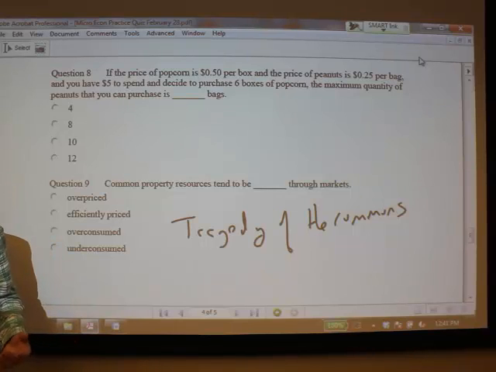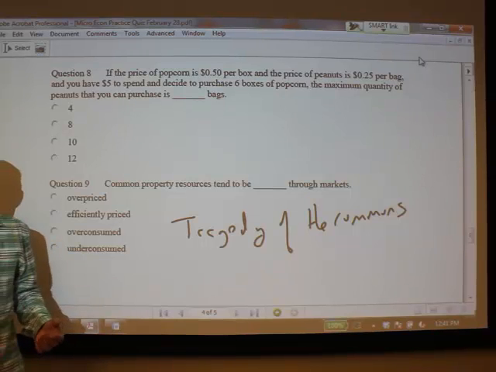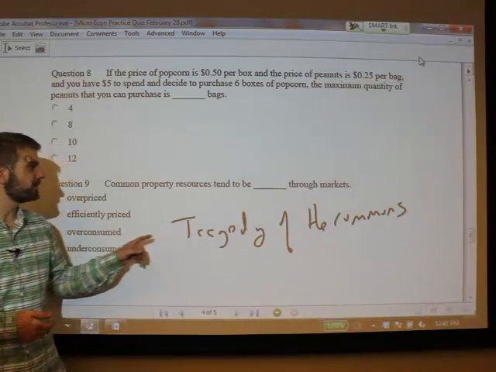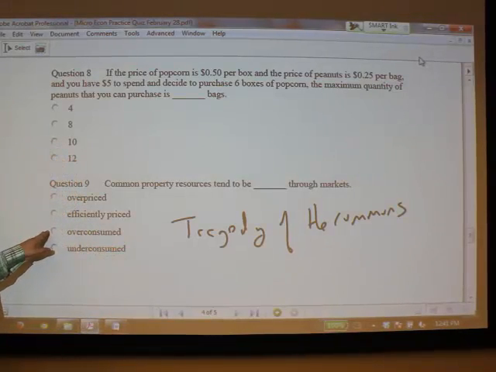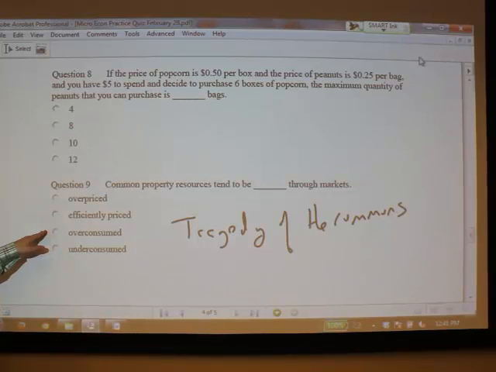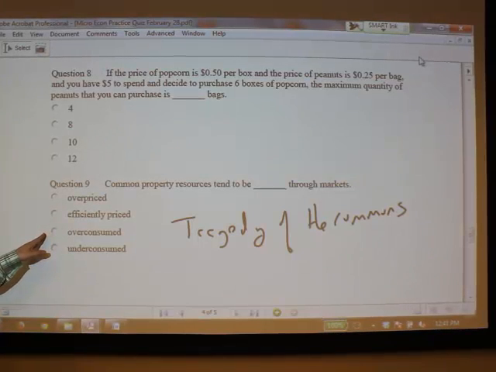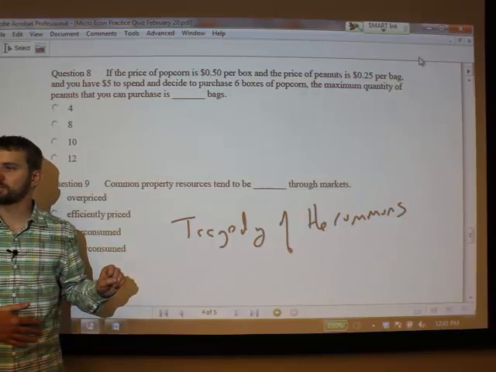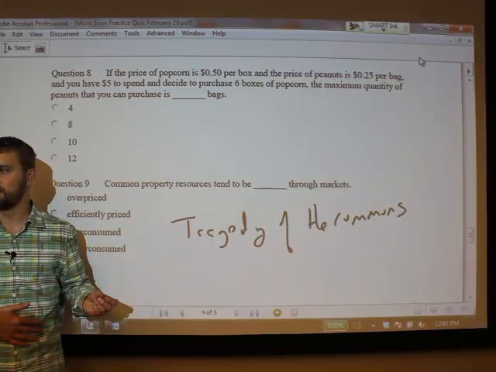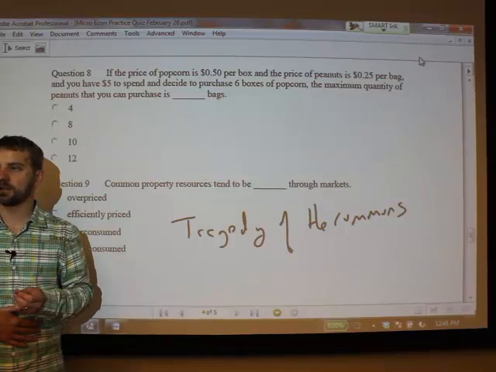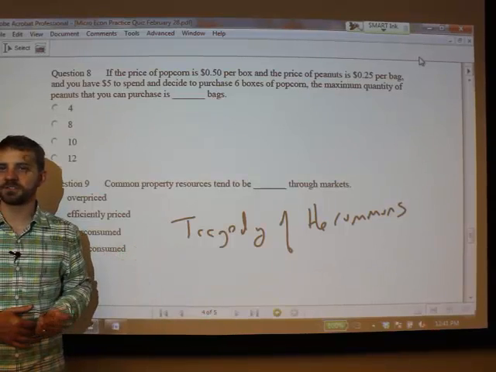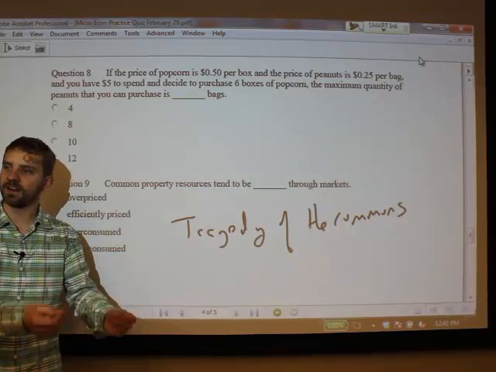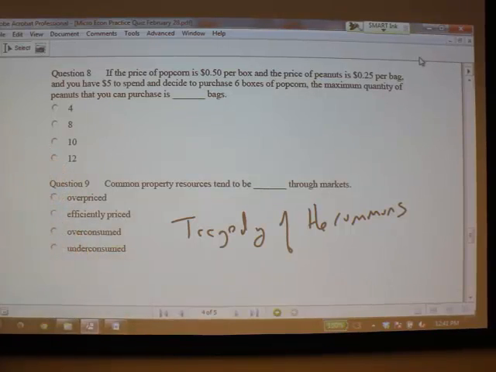Whereas with public goods, if you use it, it doesn't matter because there's plenty left for everyone else. Here it's rival, so that's the problem. It tends to be overconsumed. Another possible answer here, which is not given, is underprovided, because just like public goods, common pool resources are non-excludable. So there's a free rider problem associated with providing them in the first place. But that was not an option here.